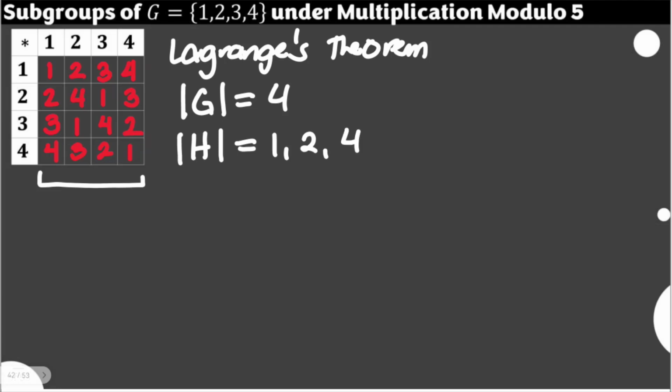This guide tells us about the possibility of subgroups of order 1, 2, and 4. We will no longer try to identify any subgroup of order 3, because according to Lagrange theorem, a subgroup of order 3 is not possible.